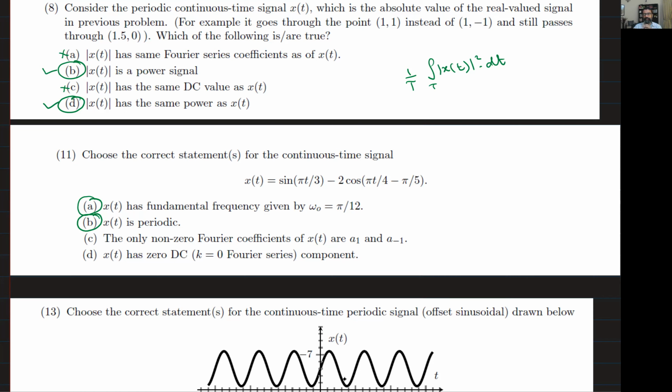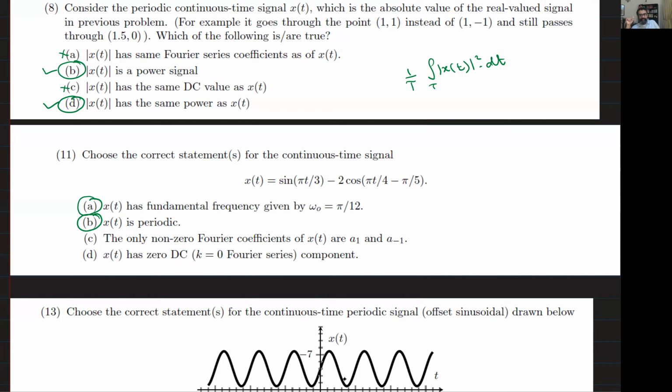Sir, basically I checked whether the signal is even or not. After plugging in some values, I found out that this is an odd signal. And sir, for an odd signal, the average value, the DC component, is 0. So at k equal to 0, a sub 0 has to be 0. So D is correct, if I'm interpreting the option correctly.